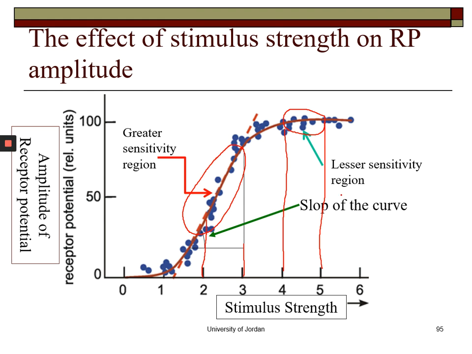The system will not be able to differentiate between 4 and 5, but it is able to differentiate between 2 and 3 very well. So this area is the less sensitive area, and this area is the high sensitivity area.